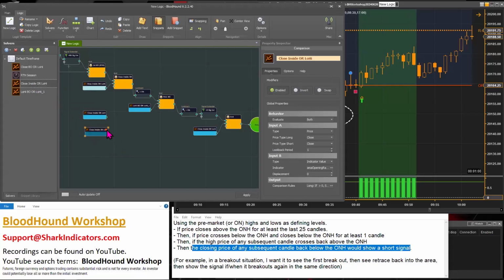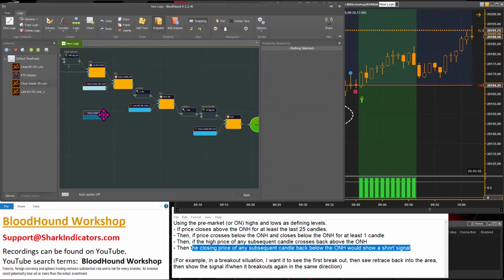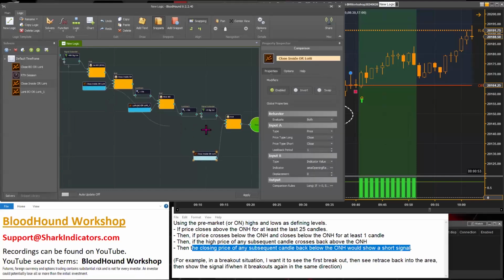And the reason why you can do this is it helps clean up your leaders. I mean, I could have done that, and that's doing the same thing.